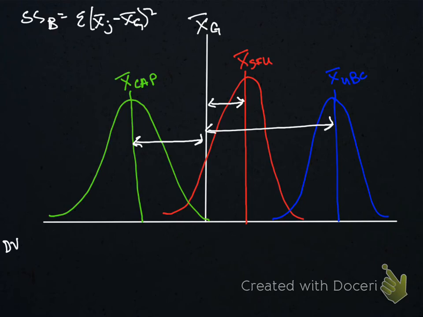When we talk about our sum of squares within, or mean square within, we're talking about the variability of each of these distributions. To make it a little bit simpler, I'm just going to refer to these in terms of their sample variances.